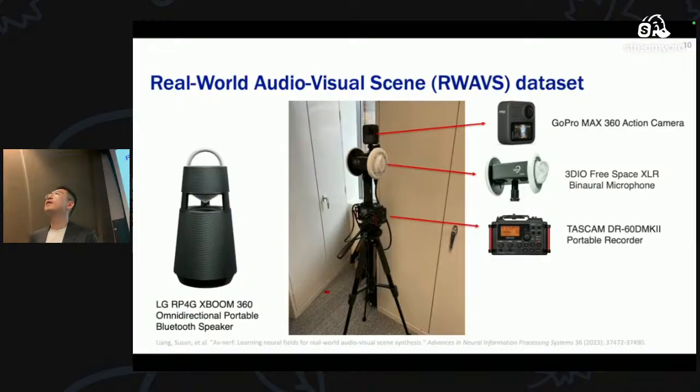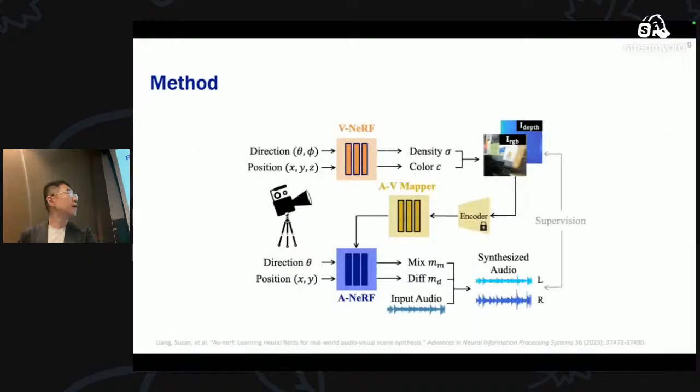From the slides, the equation doesn't have the angle you're looking at the sound. Here, yeah, the source position. You mentioned you could change the position. Yes, that's a good question.